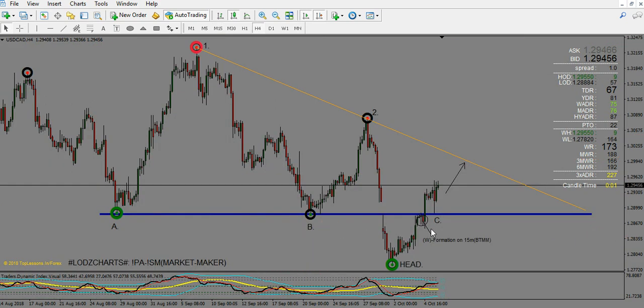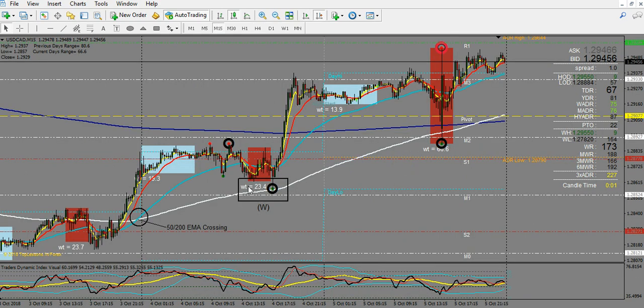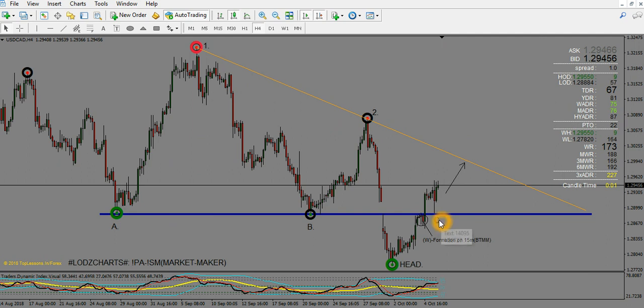So that W pattern happens to be right over here. You see this point right over here, the W formation in the 15-minute chart, which is this part right over here. And this part over here is exactly part C. So now you've got a full head and shoulder pattern which has played out.